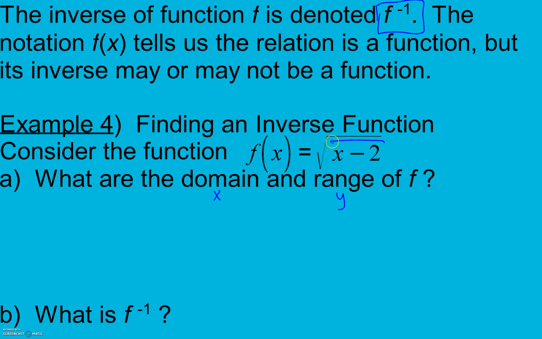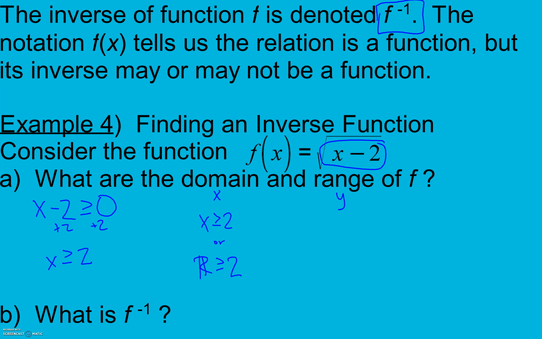So I take whatever's inside my square root, and it has to be greater than or equal to 0. Again, we can't take the square root of a negative number. I add 2. So my domain is either x is greater than or equal to 2, or we can do all real numbers greater than or equal to 2.